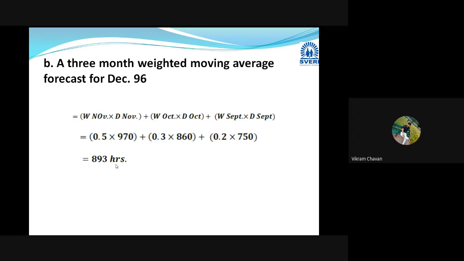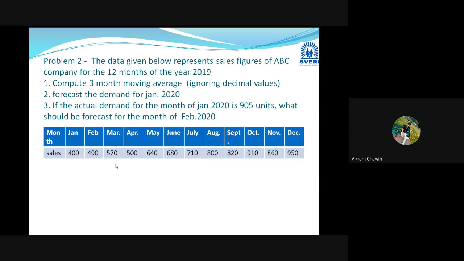So the next problem on this particular methodology, just note down the problem.